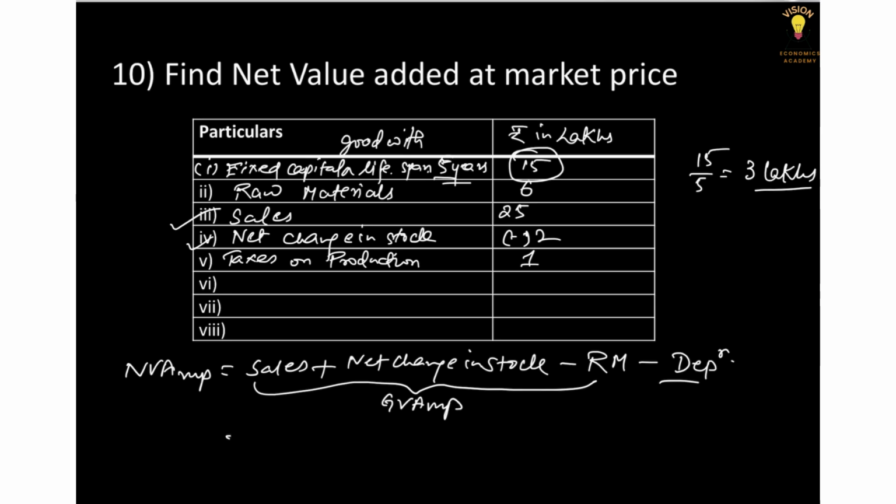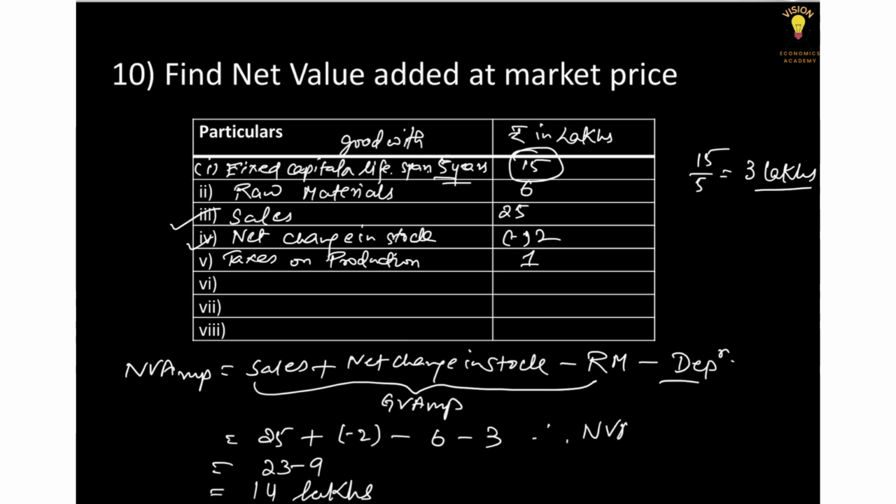So now we'll put in the value. Sales is 25 plus change in stock is minus 2, then minus raw materials is 6, minus depreciation is 3, then 23 minus 9, that is 14 lakhs. So therefore NVAMP is equal to 14 lakhs. Now let me narrate to you again.